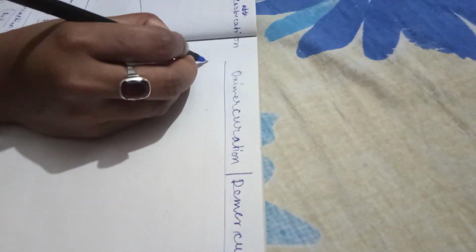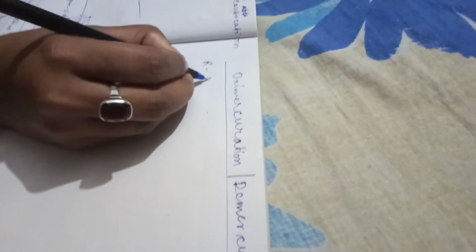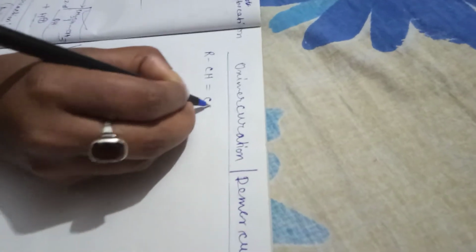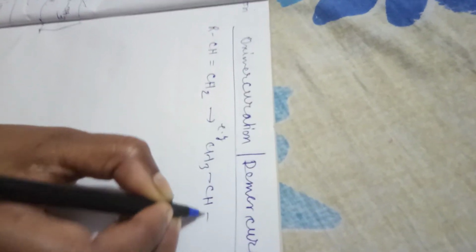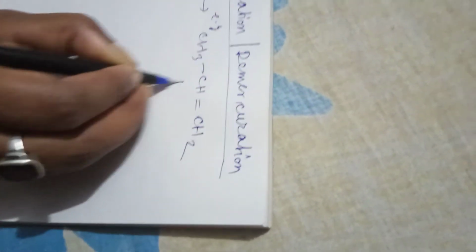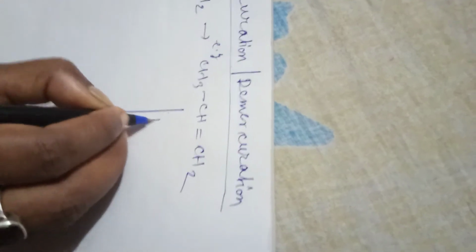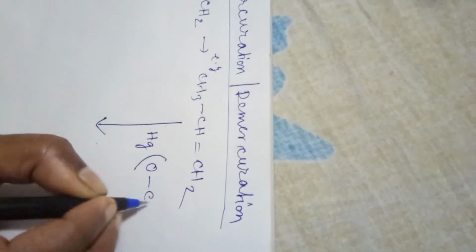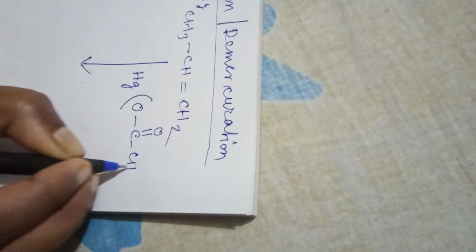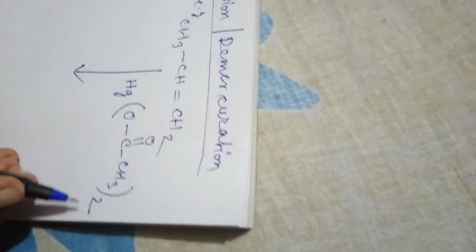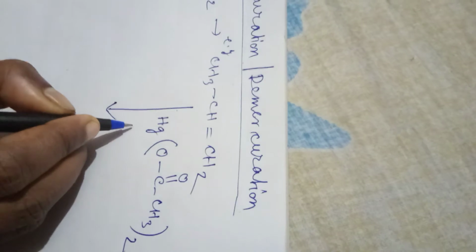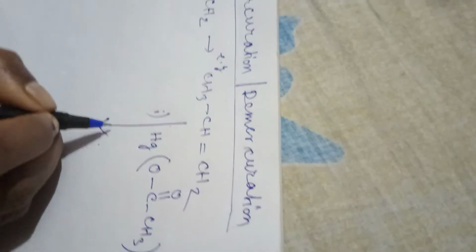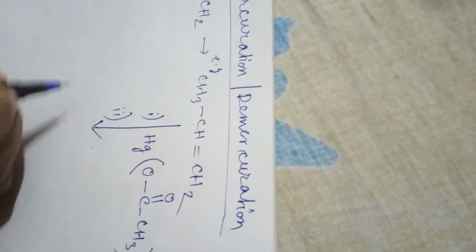If you take an unsymmetrical alkene, RCH double bond CH2, for example CH3 CH double bond CH2, and add the reagent, mercuric acetate, Hg(OCOCH3) whole twice. And secondly, if we are adding what?